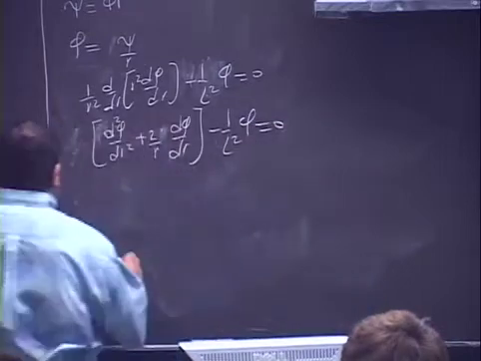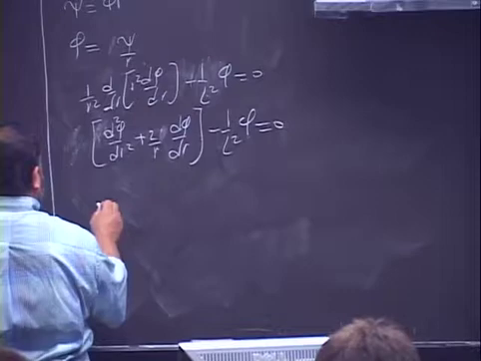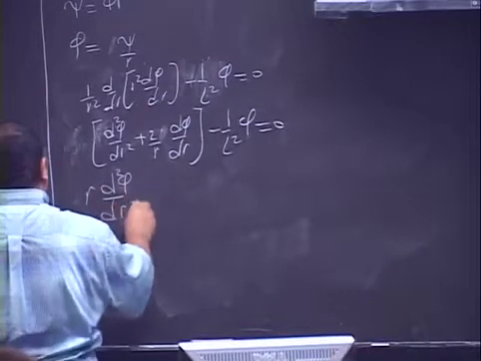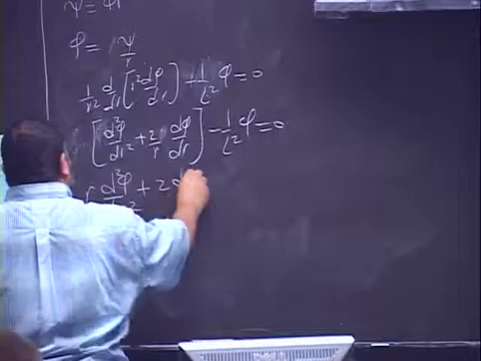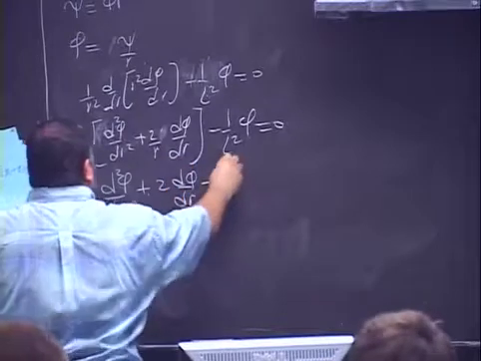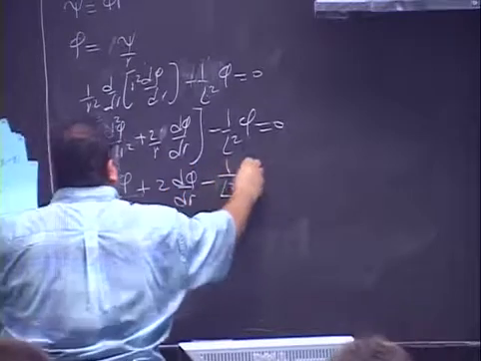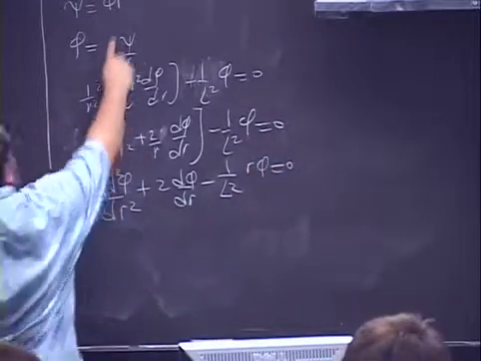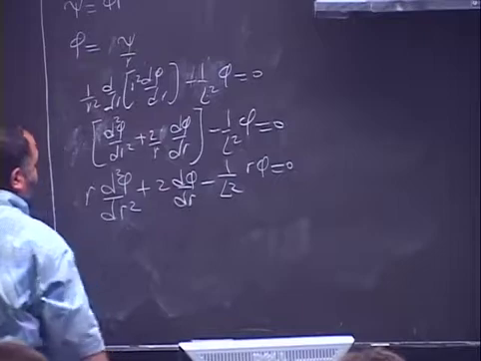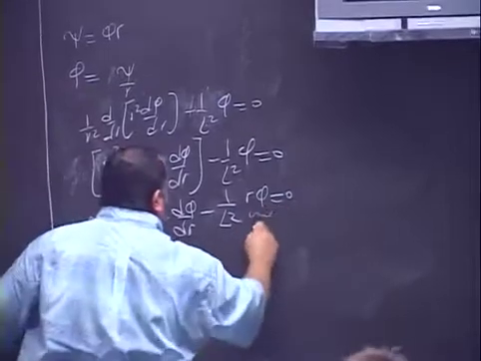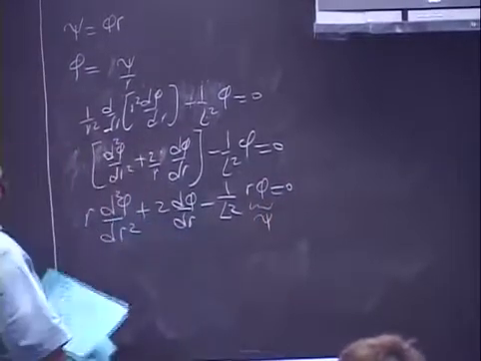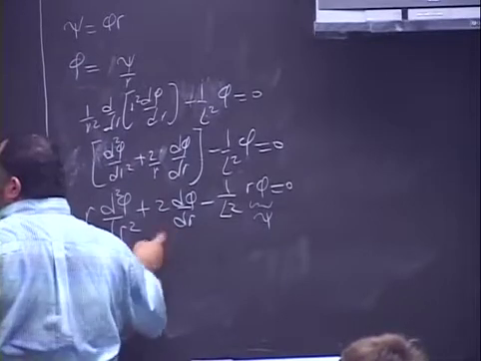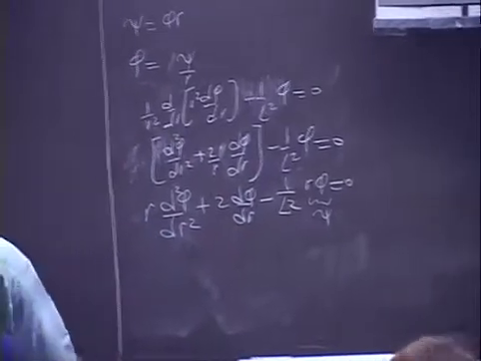So this you can write as r d2 phi by dr square plus 2 d phi by dr minus 1 over L square r phi equal to 0. So r phi is equal to psi, so this is just psi, and the two term you will get from here.